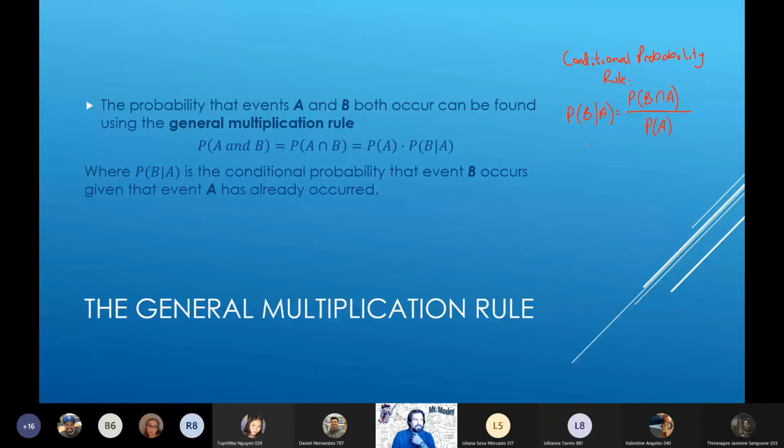Probability of A times probability of B given A is the probability of B and A.